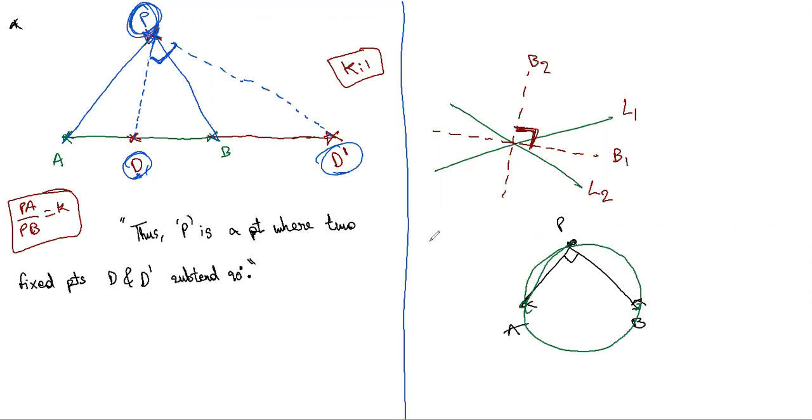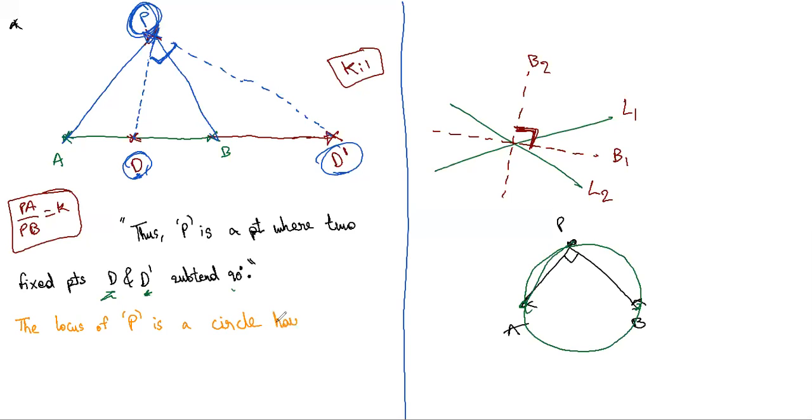ठीक है? So thus P is a point where two fixed points D and D dash subtend an angle of 90 degrees. In other words, the locus of P is a circle. Can someone complete the sentence for me?